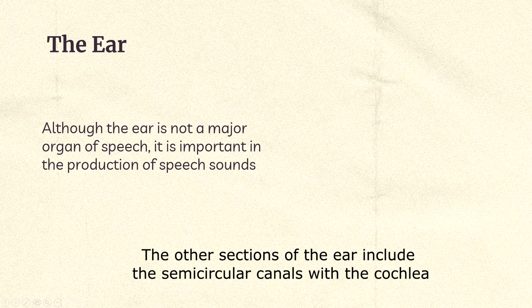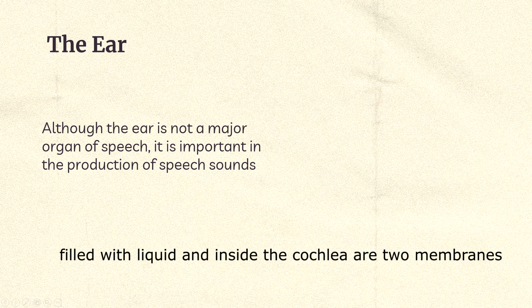The other sections of the ear include the semicircular canals and the cochlea, filled with liquid, and inside the cochlea are 2 membranes.